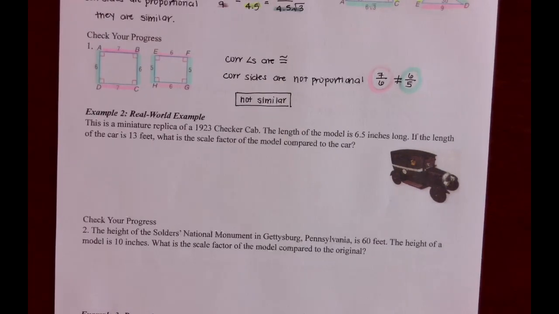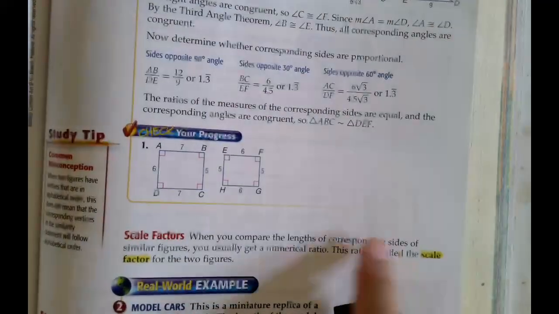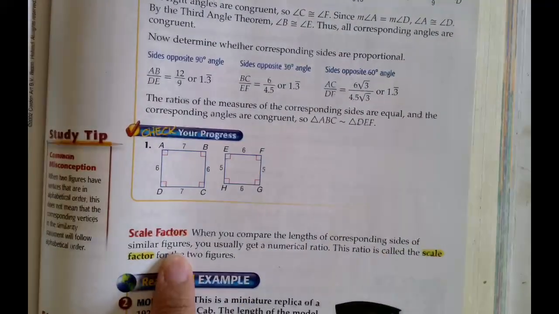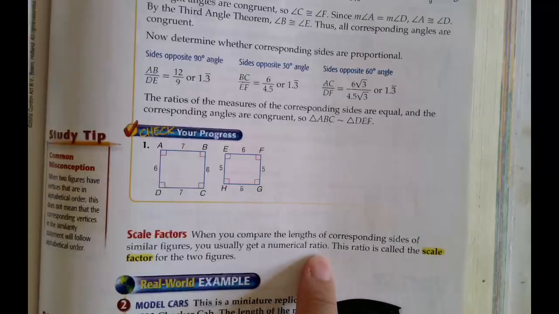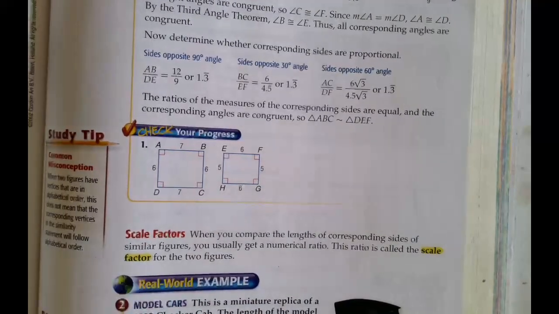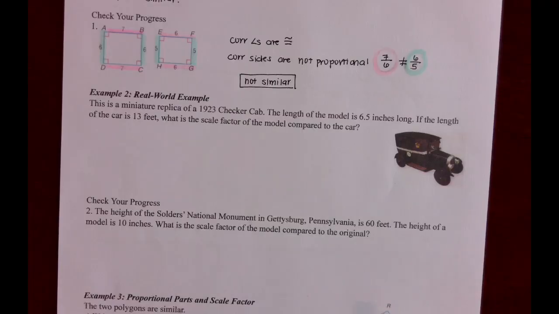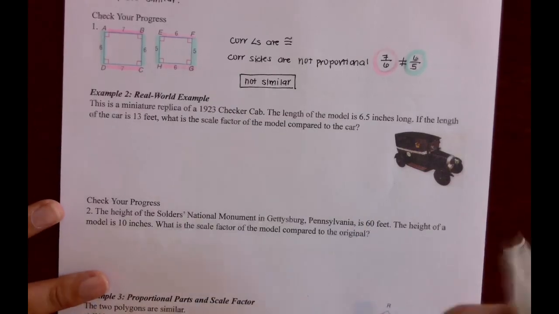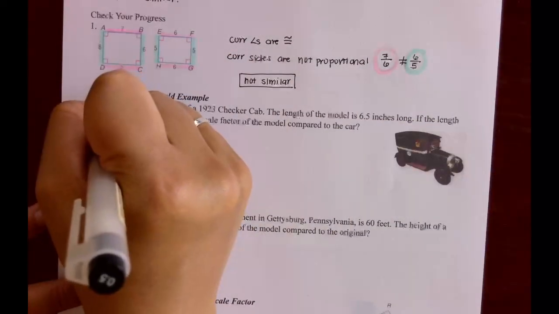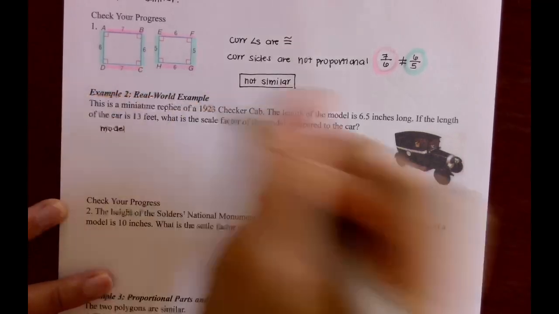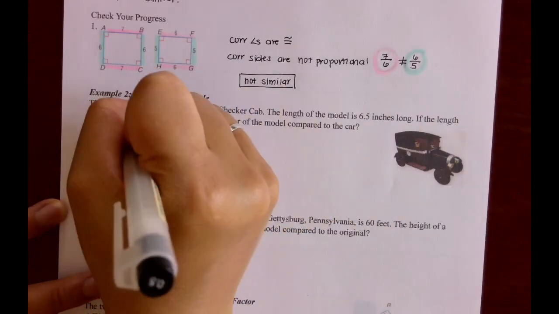A scale factor is what you get when you compare the lengths of corresponding sides of similar figures; that numerical ratio is the scale factor. So we want to know what it is for the model compared to the car.